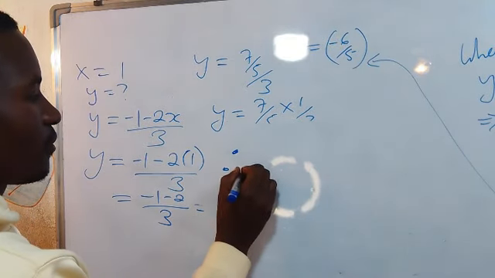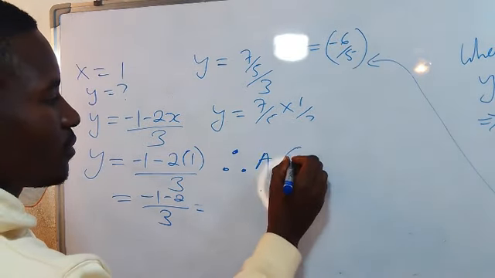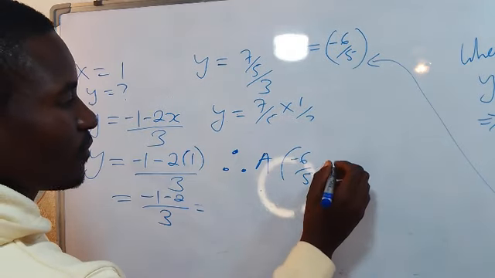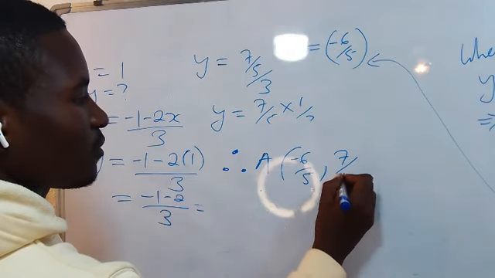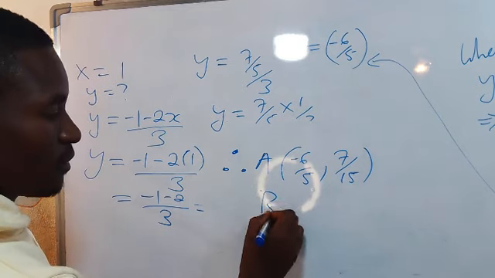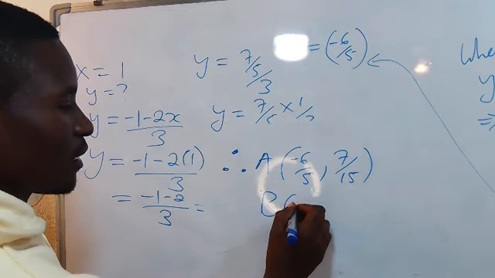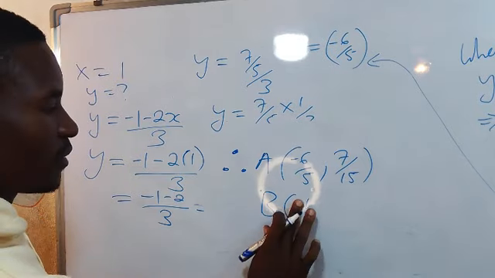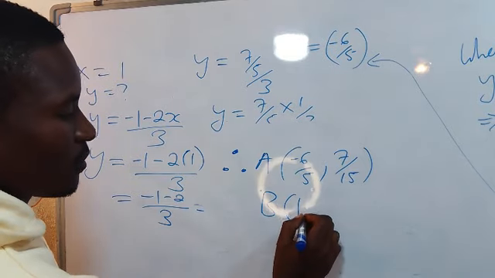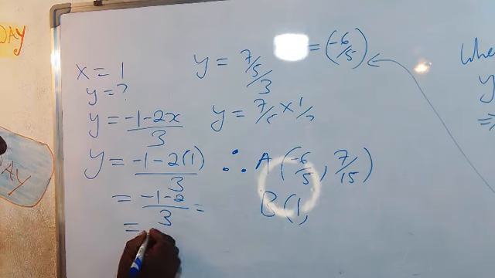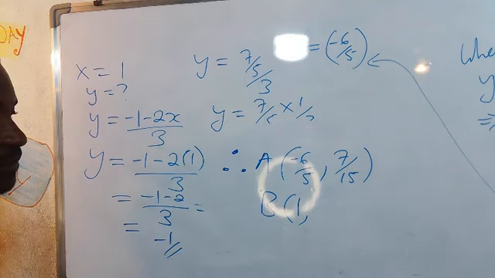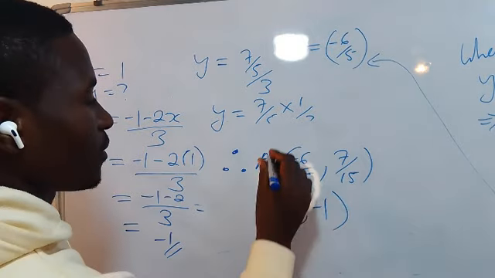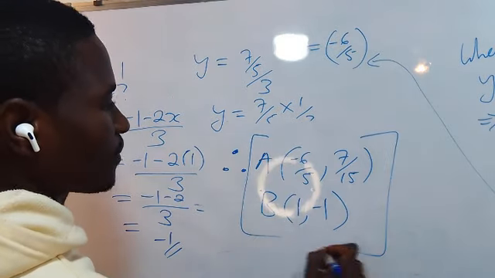The coordinate A is going to be negative 6 over 5, comma 7 over 15, and for B, our x was 1, and this one gave us, once we evaluate, negative 1. So these are our coordinates.